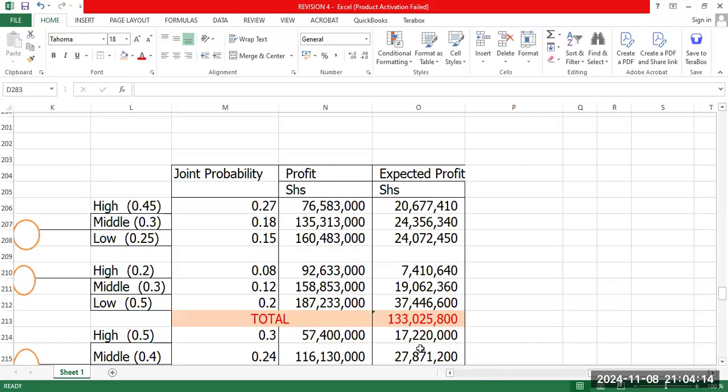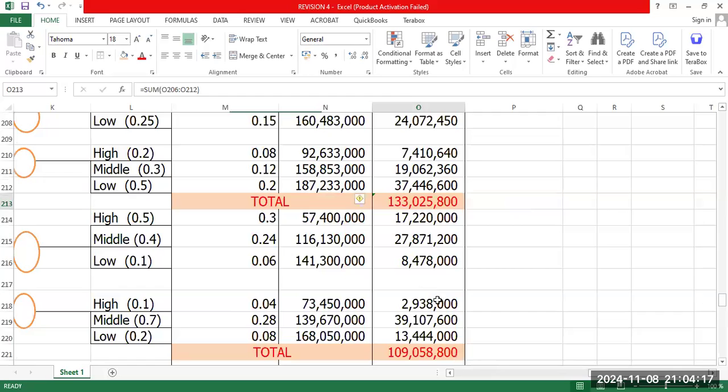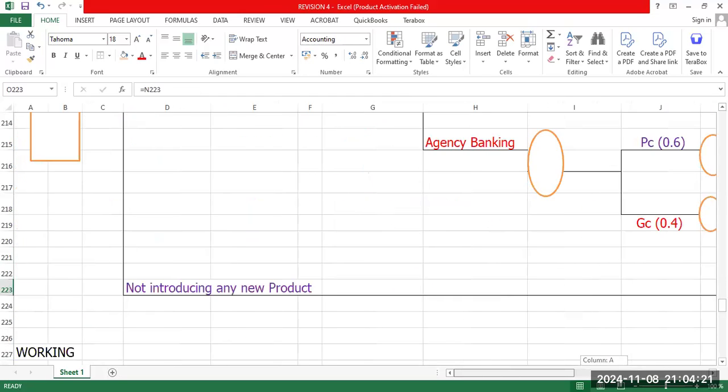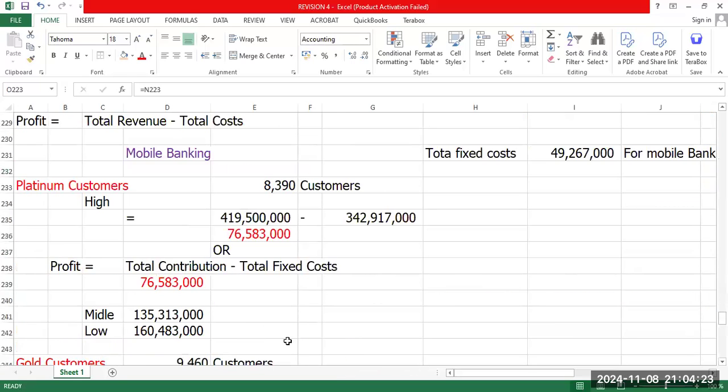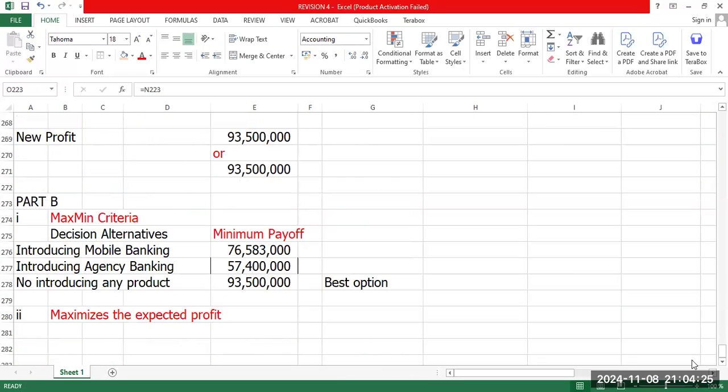Already you have your values here. These are your values. So you copy them. These are 3 options.